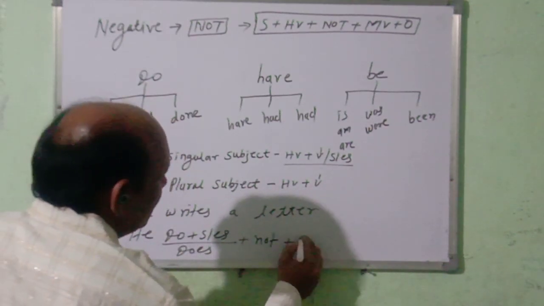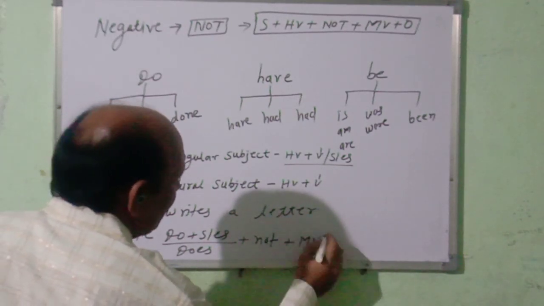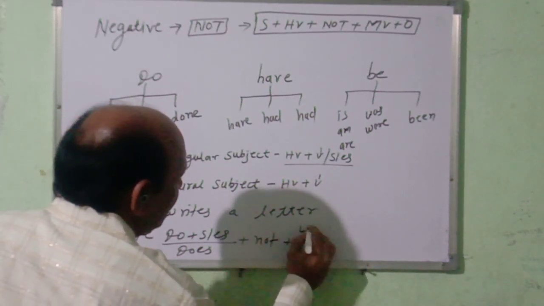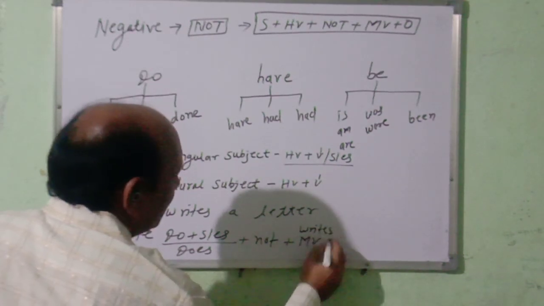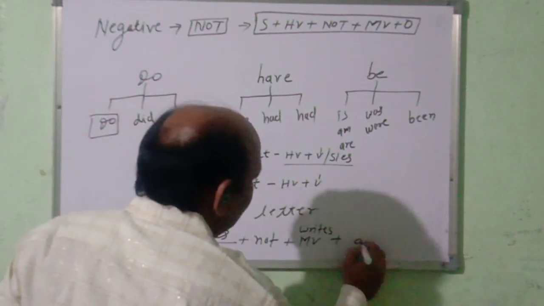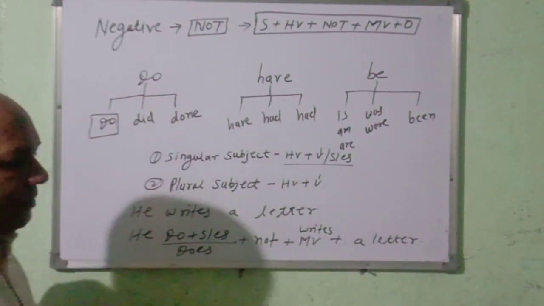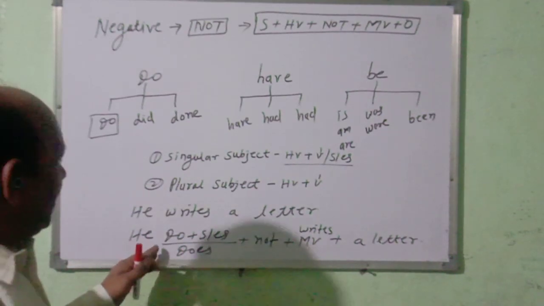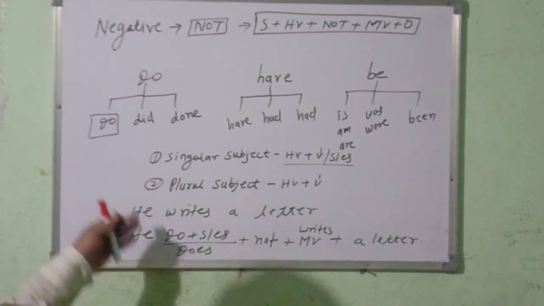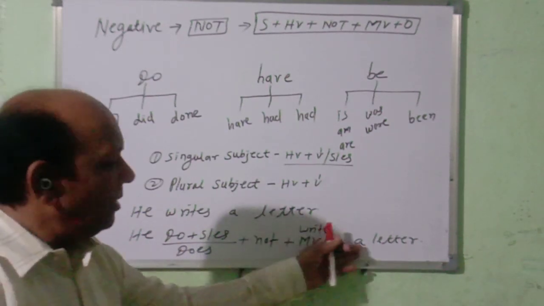Plus the main verb, which is write, plus the object of the sentence, a letter. Getting it or not? What sentence have we created with the help of the primary verb? He does not write a letter.